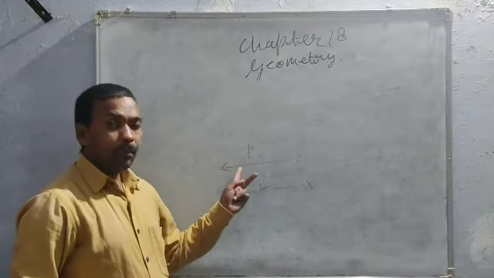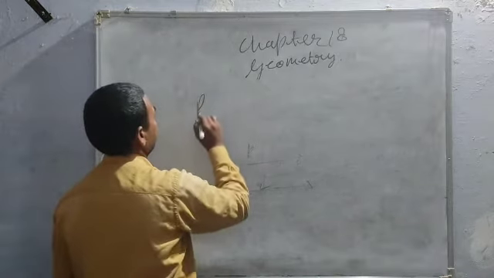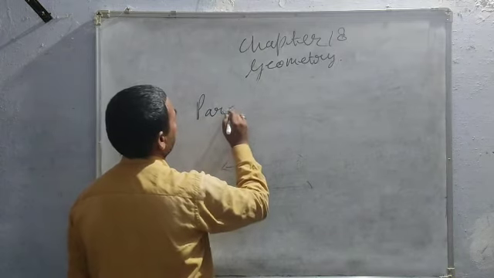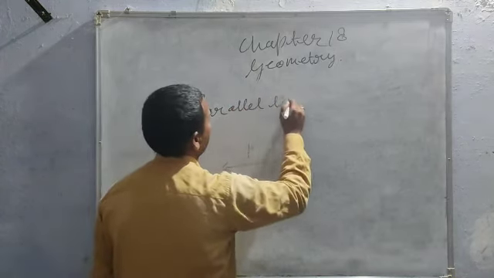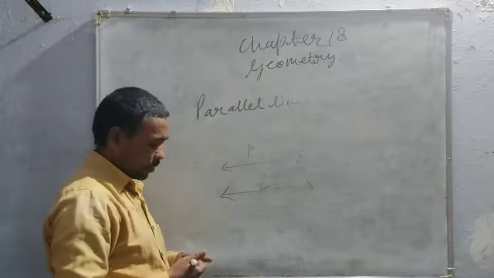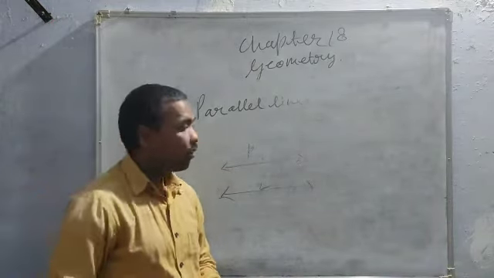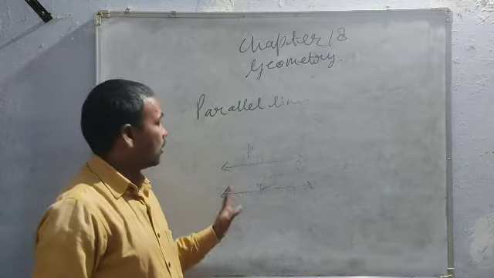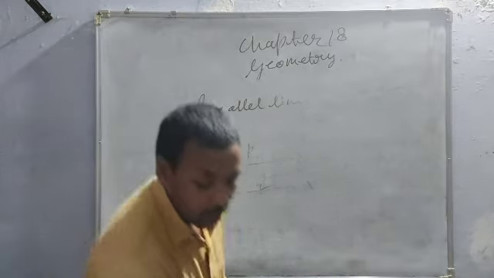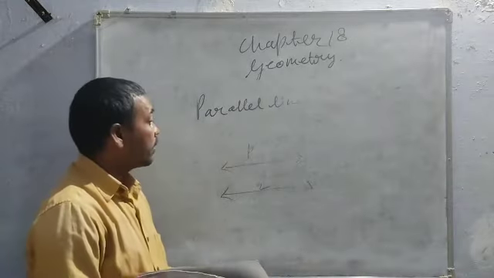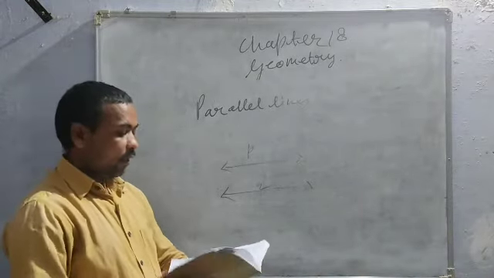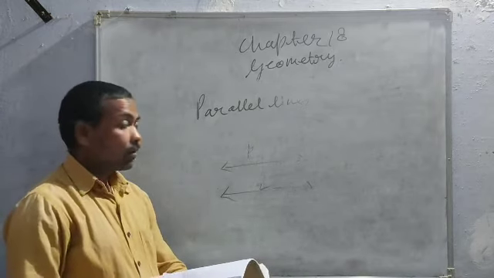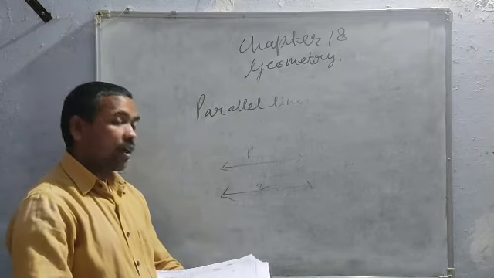So you can define parallel lines: lines which never intersect and where the distance between the two lines is always equal are known as parallel lines. Keep in mind, they never intersect each other. You can read from the book everything we will use to find out whether the given lines are parallel or not.